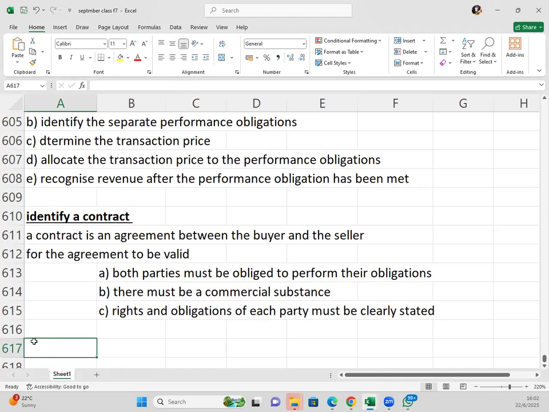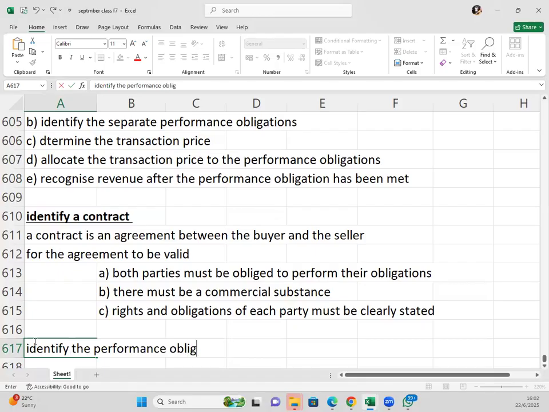So for it to be a sale, the parties must have agreed. After the parties have agreed, we have also mentioned that we need to identify the performance obligations.